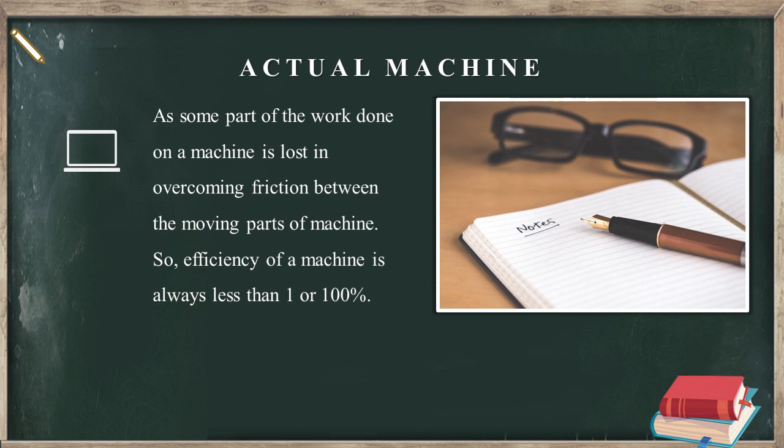This is the reason we call a machine an actual machine and not an ideal machine. The efficiency of a machine is always less than 100%. For example, it can be 70%, it can be 80%. So if it is 70%, remaining 30% will be lost in overcoming friction. And if it is 80%, 20% will be lost in overcoming friction.